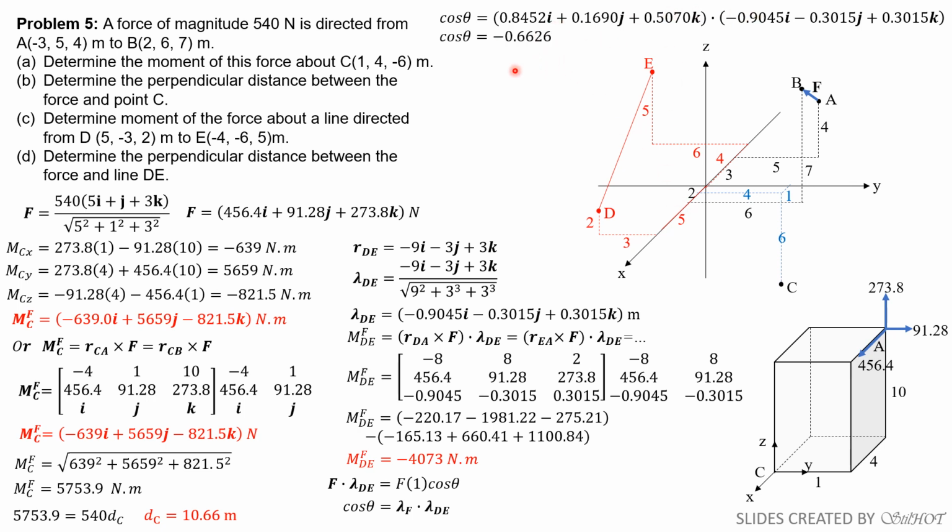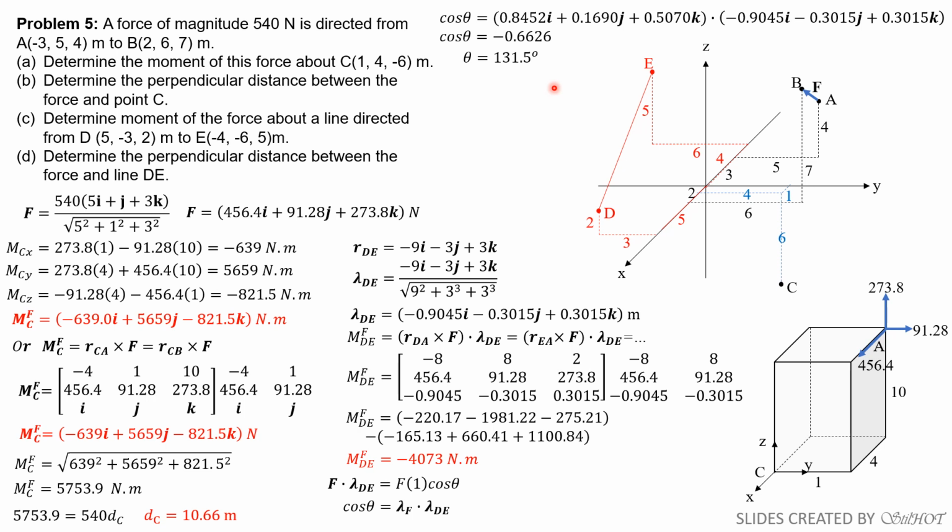So the result would be 0.8452 times negative 0.9045 plus 0.1690 times negative 0.3015 plus 0.5070 times 0.3015. So that's negative 0.6626, then inverse cosine. So theta is 135.31.5 degrees. So it's more than 90 degrees. So that's why the cosine is negative.